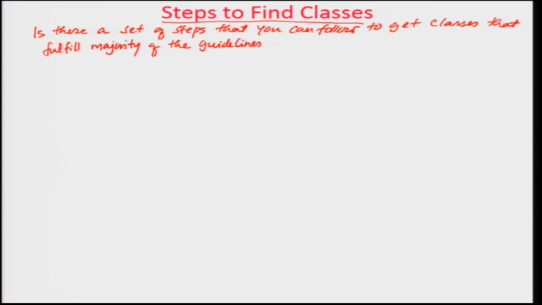So what we are trying to do here is find a set of steps that you can follow, so that you get classes that fulfill the majority of the guidelines that we listed previously. Okay. So that is what we are trying to do.